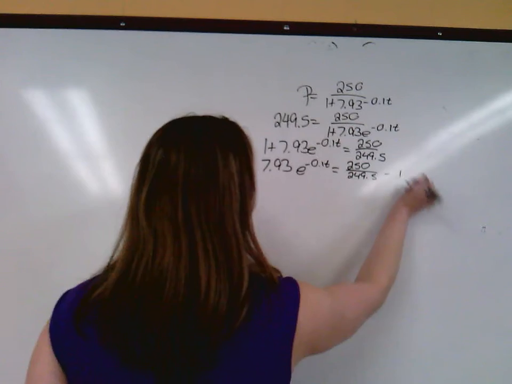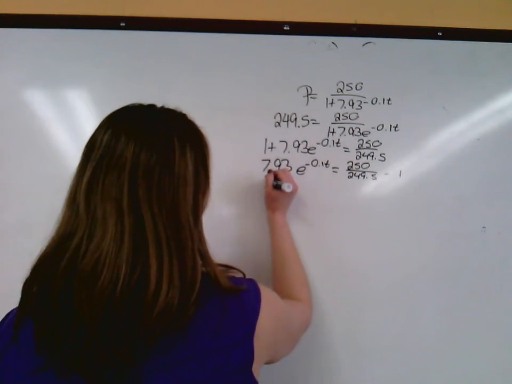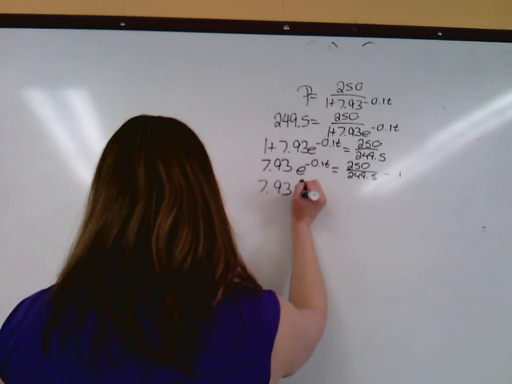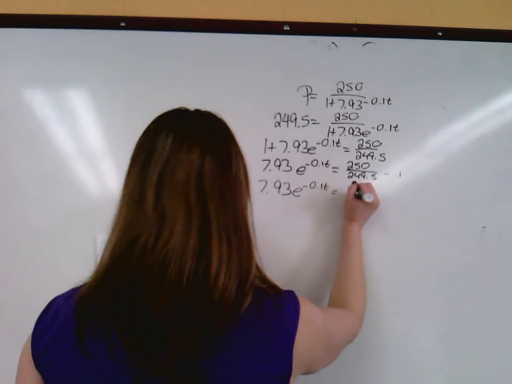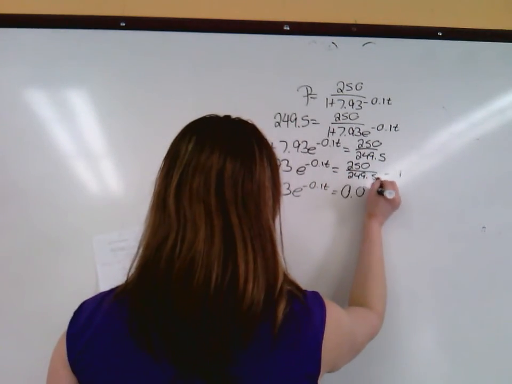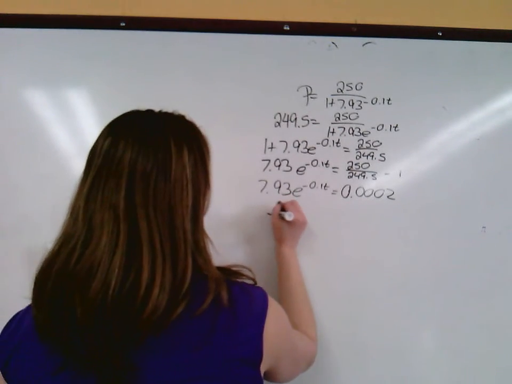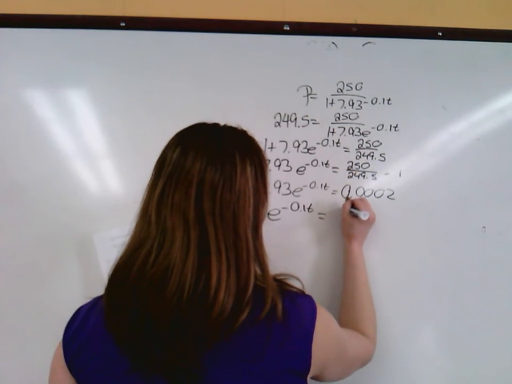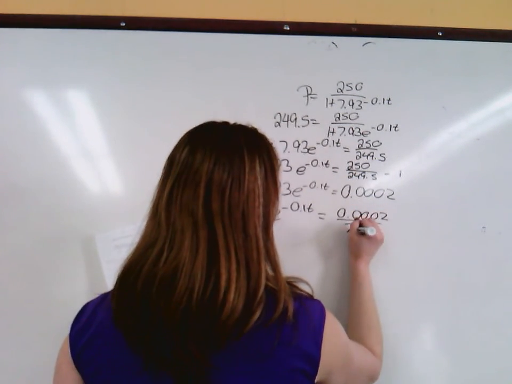That's going to give you 0.002. Divide by 7.93 on both sides. I don't round until the end.